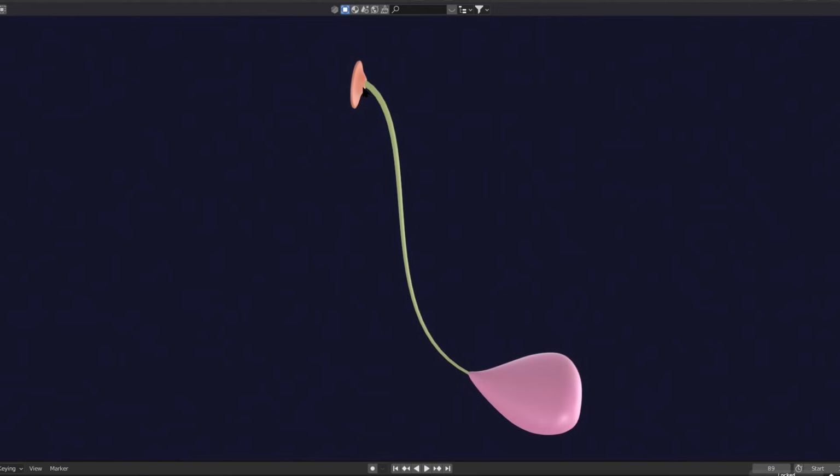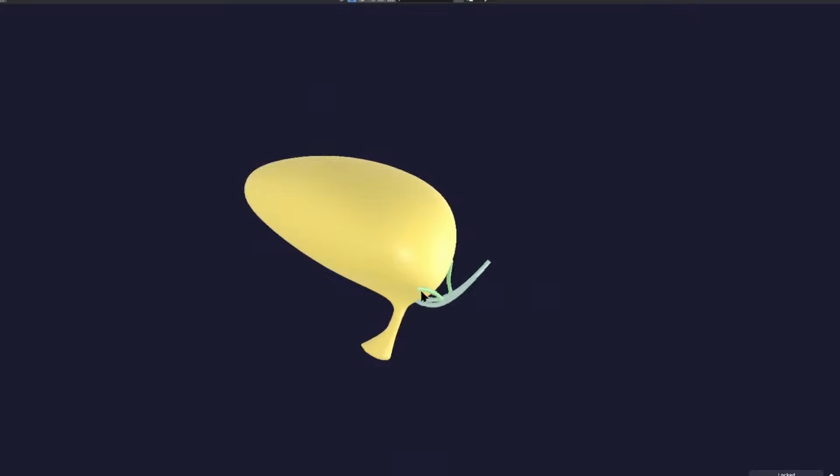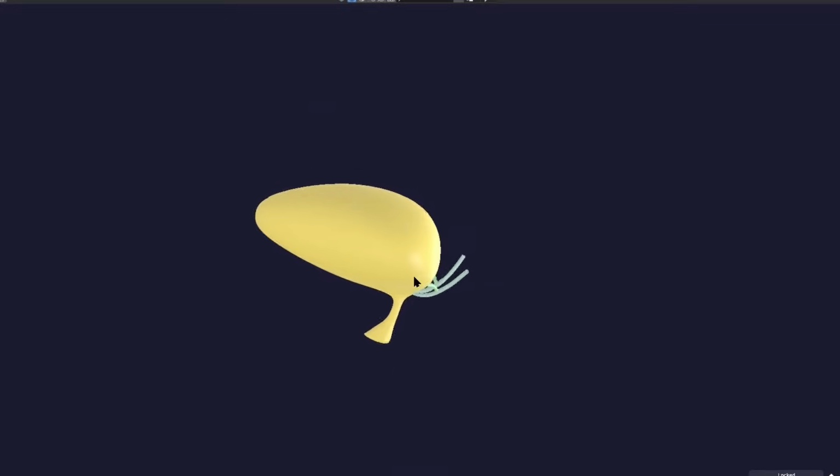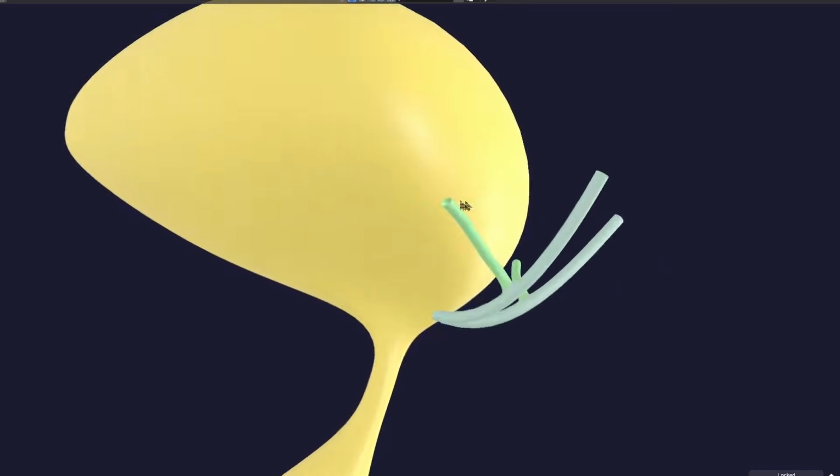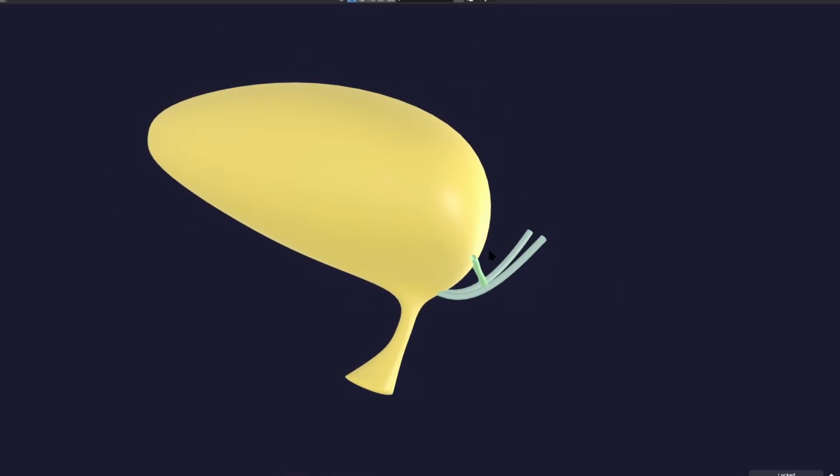Now let's go back to the formation of the urinary bladder. Do you remember that this cloaca, now called the urogenital sinus, had the mesonephric duct entering into it.